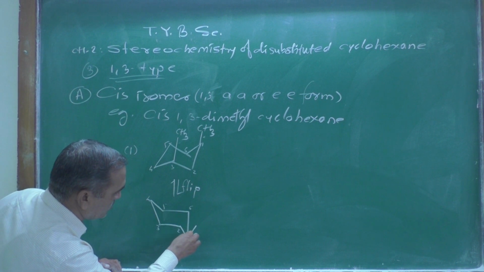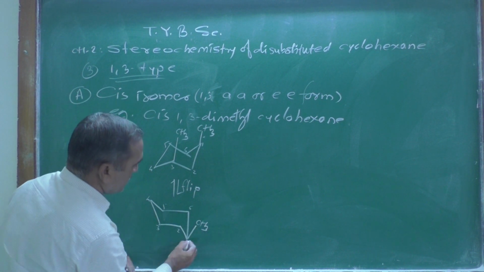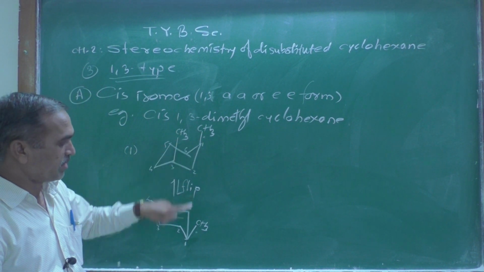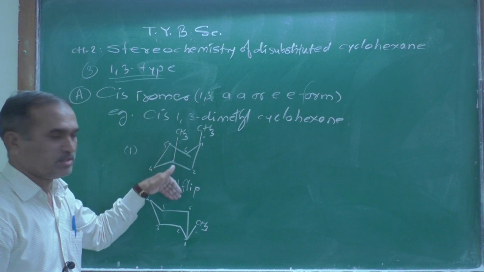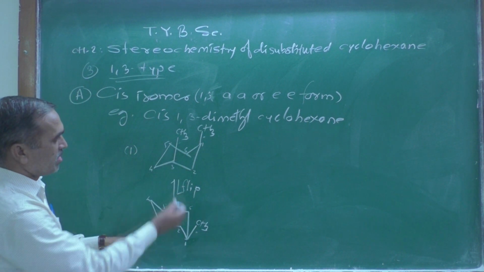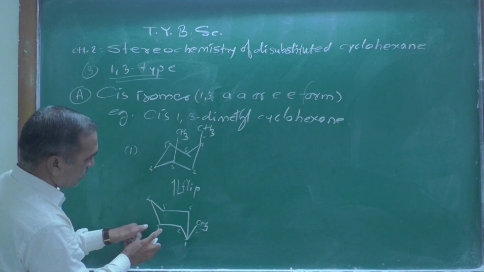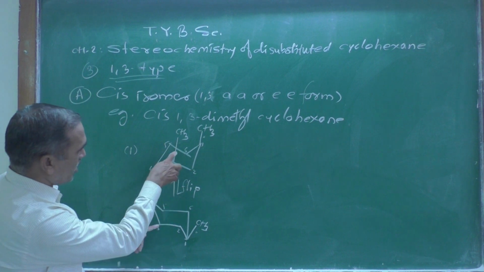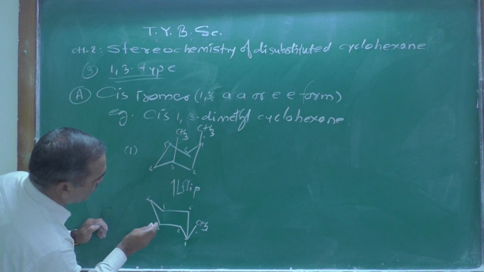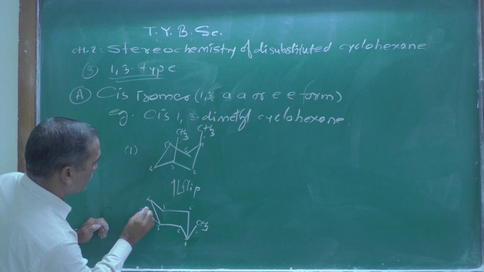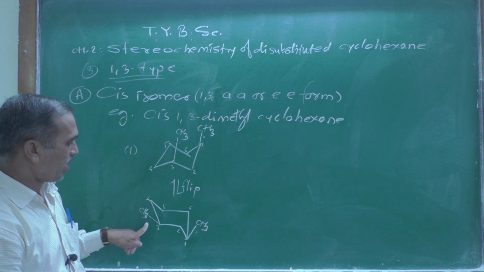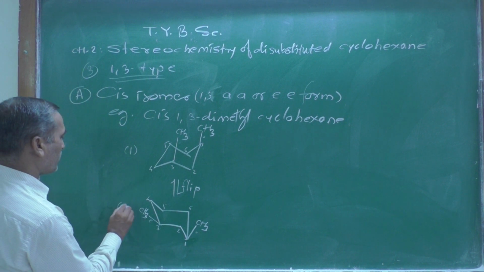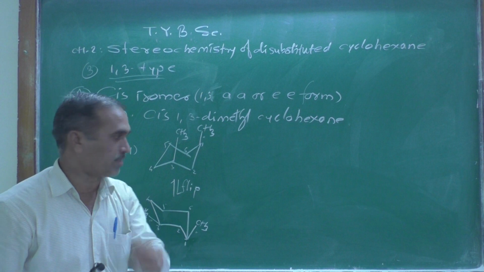This is above the plane, but it becomes equatorial, that is, axial becomes equatorial during the flipping process. Now look at the 3 position: that methyl group, which was axial, goes to an equatorial position, like this, a methyl group at the equatorial position, and therefore we can call this structure number 2, right?